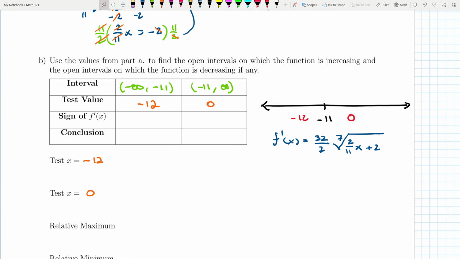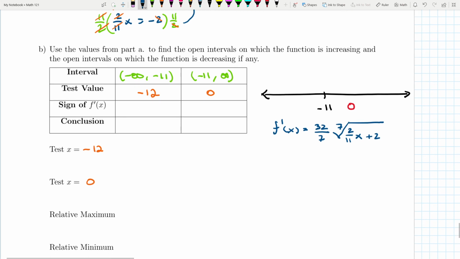Well, actually, you know what? I'm going to do something different in this case. I'm going to change my mind with the first test value, this negative 12. I'm going to use a number that, when I plug it into the derivative, I don't get decimals, a number that is easy to compute. What do I mean by this?